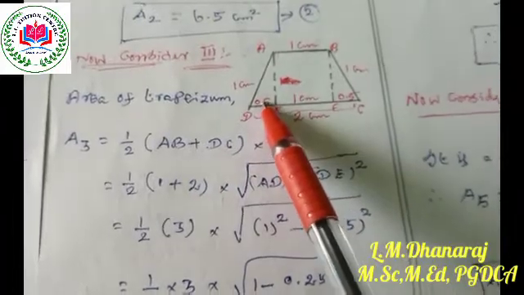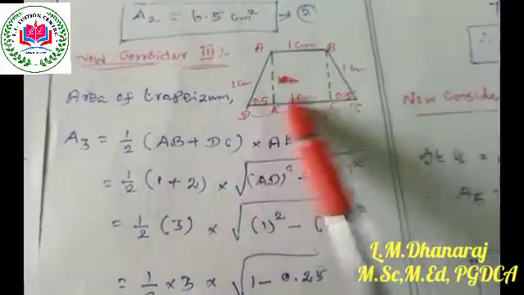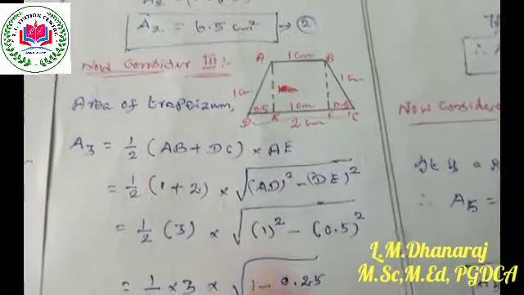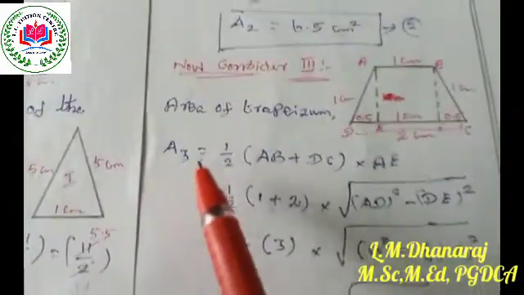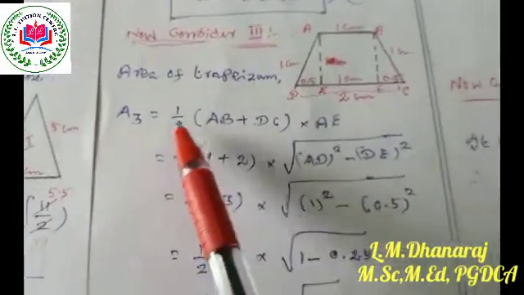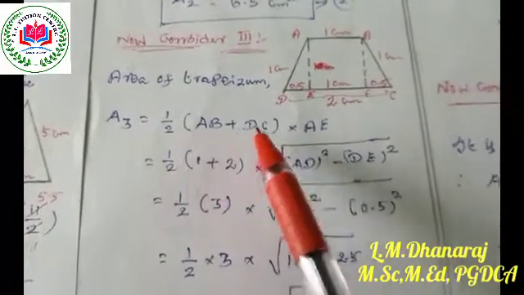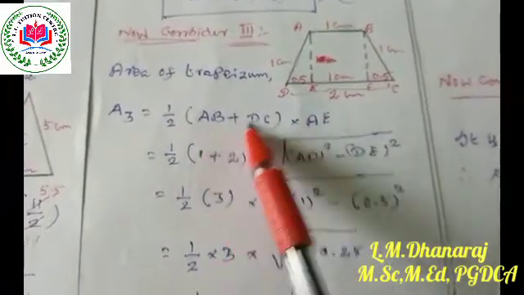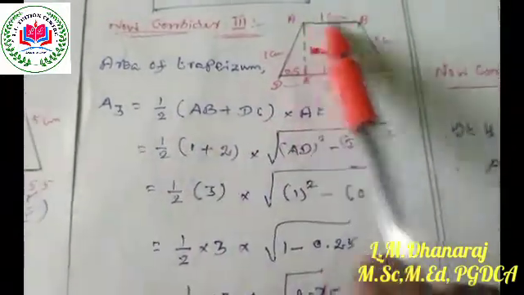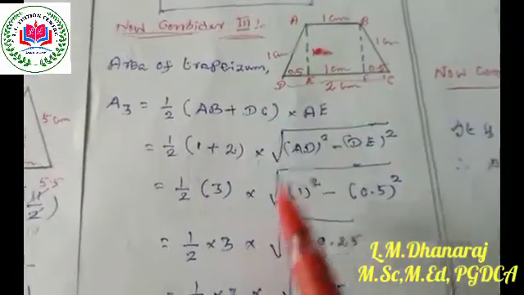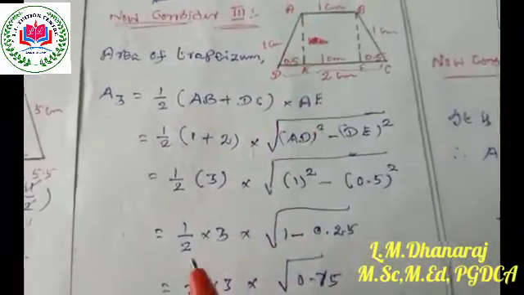So the remaining is 0.5, 0.5, and totally when we add, we get 2 centimeter. The area of a trapezium is 1 by 2 (AB plus DC) into AE, that is the sum of the parallel sides into the height AE.